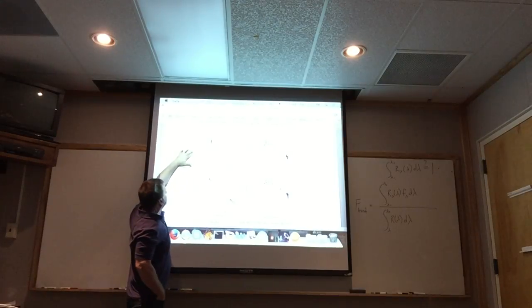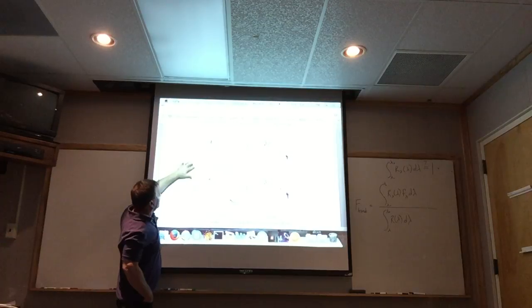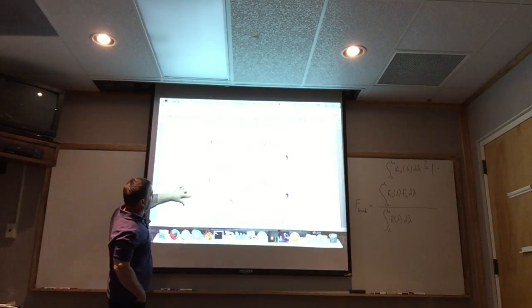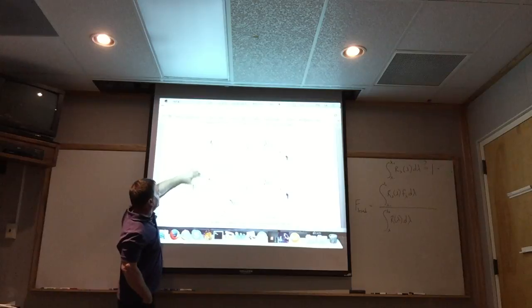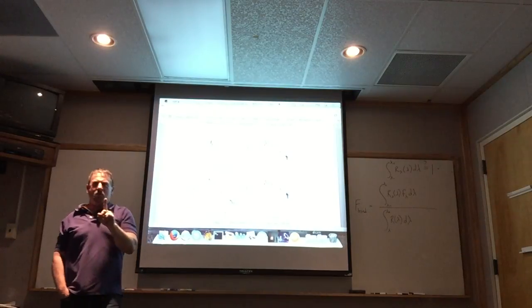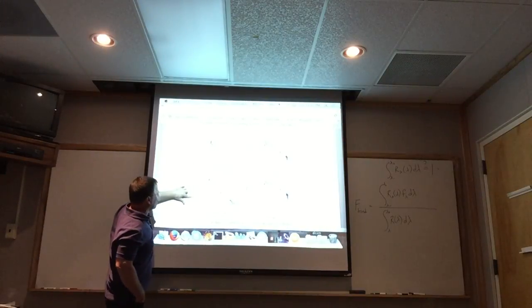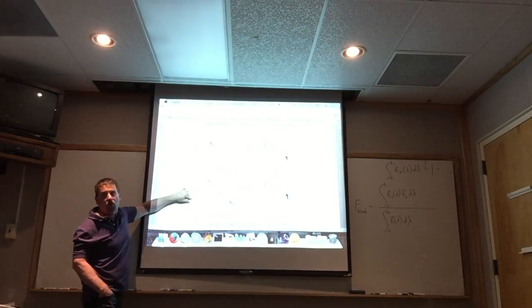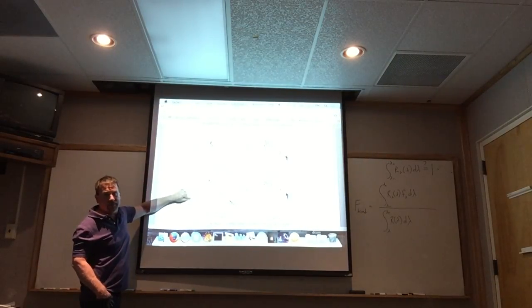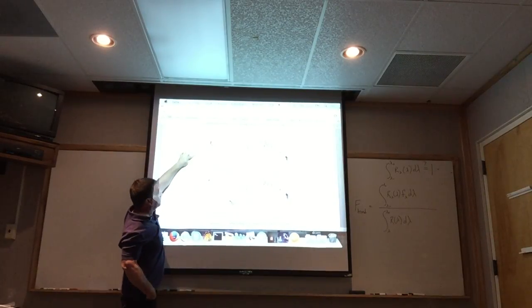But here is what it looks like with frequency, and here's what it looks like with lambda for this star. This is taken from a book called Gray, and these labels are wrong. This is F nu, so write this in your book. This is little f sub nu according to our notation, and this is little f sub lambda according to our notation.